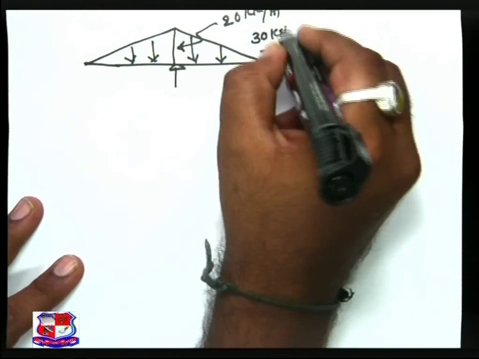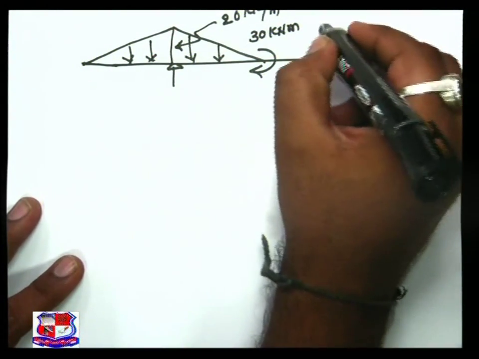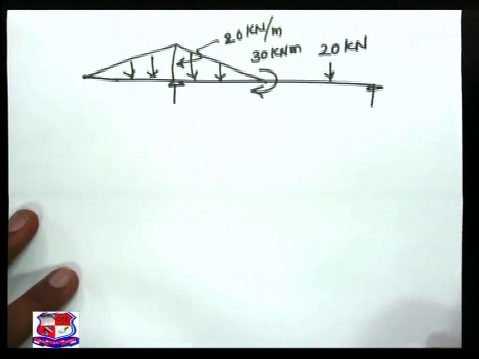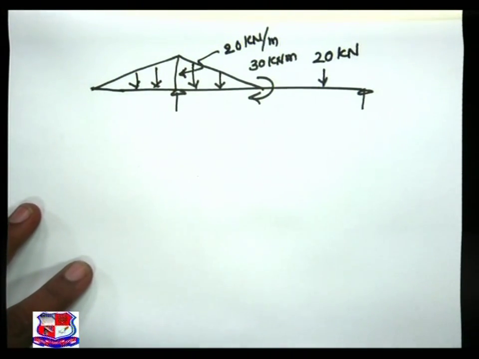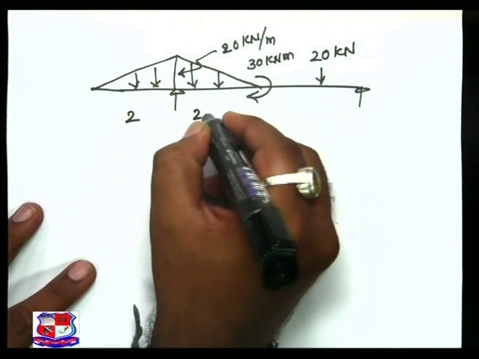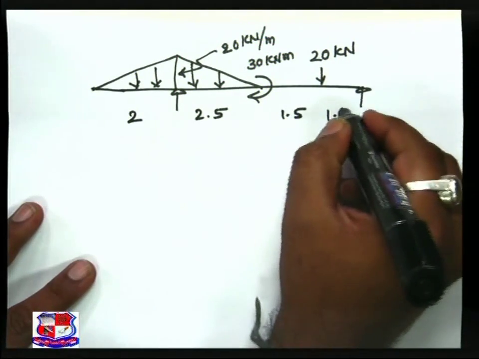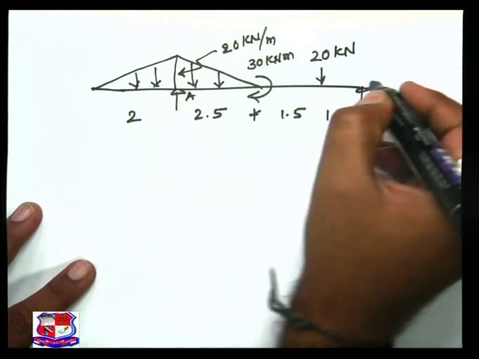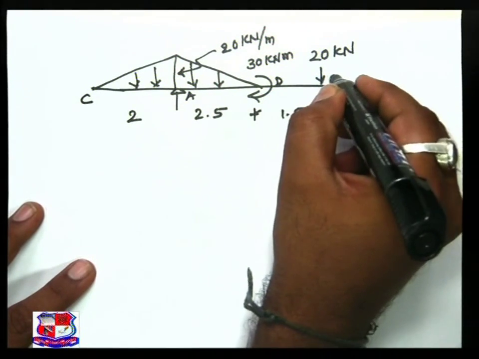The point load which is acting is 20 kilonewton. The distances are 2 meter, 2.5 meter, 1.5 and 1. Let us give the names A and B at the supports, then C, this point is D and this point is E.